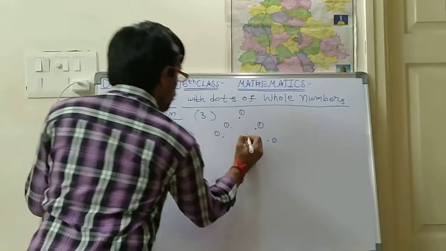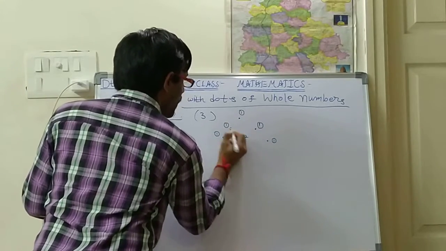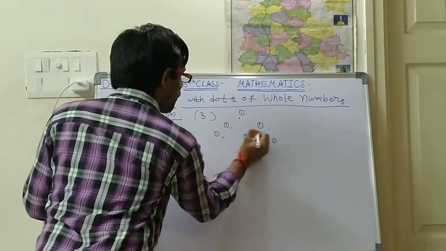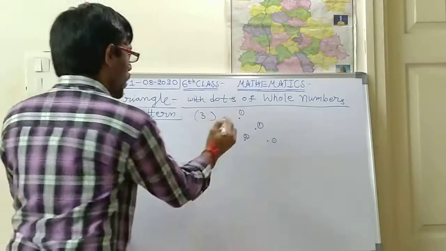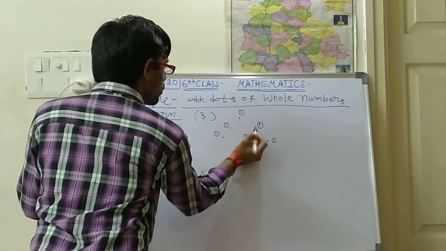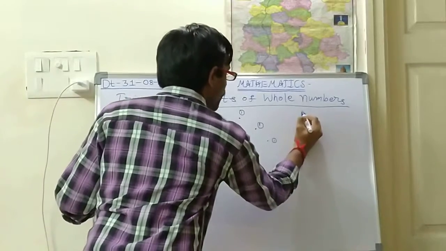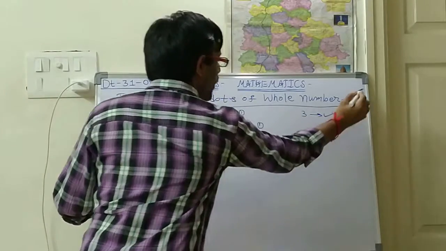You number it as 2, because 1 plus 1 is 2. Is it right? So 1 plus 1 is 2. Okay, now 1 2 3. So this is 3. Is it right, children? So with the help of 3 we have completed.